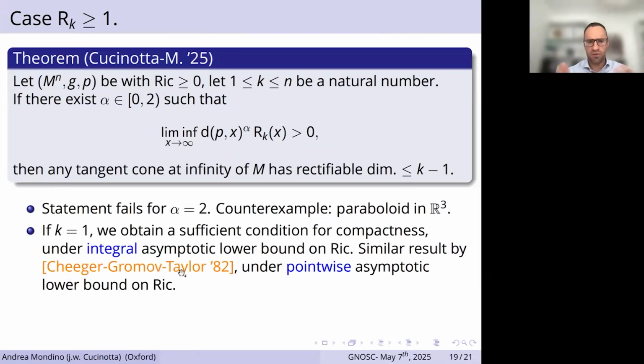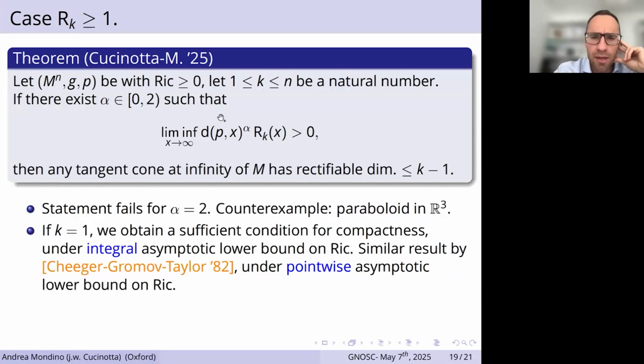What Gromov-Taylor proved in '82 is that if you have a complete manifold with non-negative Ricci, and with the Ricci bounded below by a positive function which goes to 0 at most as 1 over distance squared, then the manifold is compact.